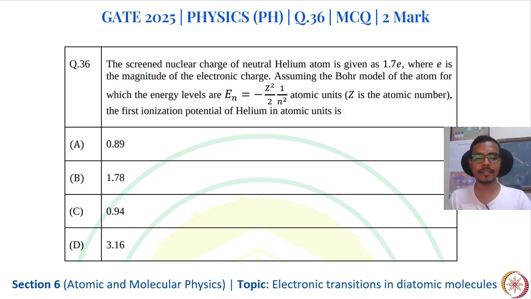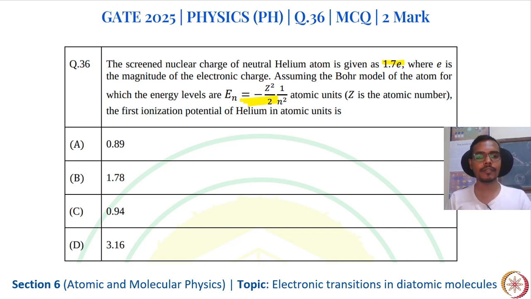The question states that the screened nuclear charge of a neutral helium atom is 1.7 electrons. We are given the Bohr energy formula in atomic units, that is En equal to Z squared over twice n squared.